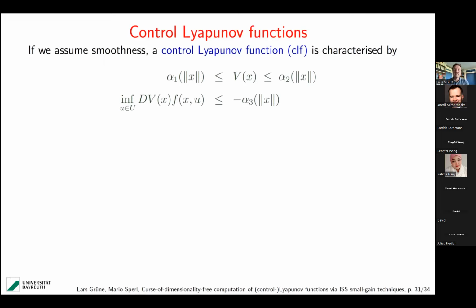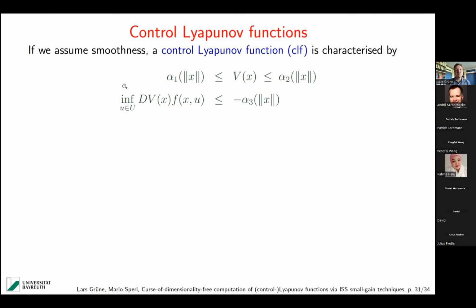We only want it negative for some u, and this is why we put the infimum here, right? So the infimum over all u should be negative, less or equal minus alpha 3 norm of x, which essentially means that if we pick the right value, and this actually would be the value you also wanted to pick if you want to control the system, then you get downhill and then you approach the equilibrium.